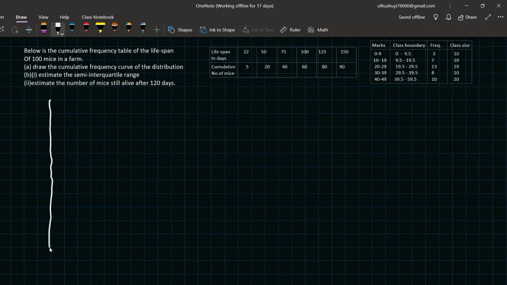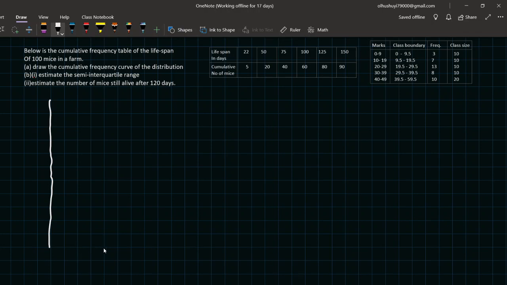So let's say 6 times 4, 24. I will take each of these boxes to be 5 centimeter, 10, 15, 20. So 20 centimeter will represent 25 units on my x-axis.